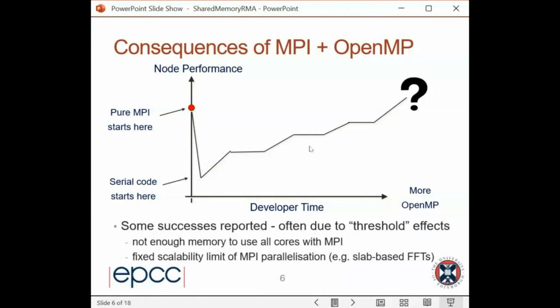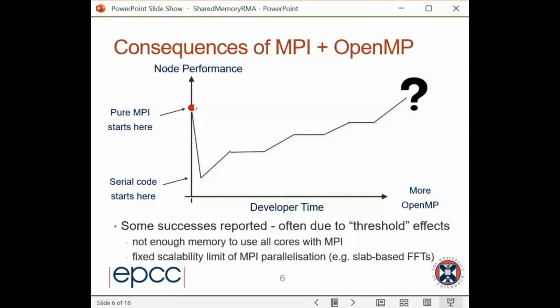I'm not making any critical statement about OpenMP here. However, when you're doing a hybrid MPI and OpenMP code, you already have an MPI code, almost invariably. So you have some pure MPI performance, and the first thing you do is run it. By serial code, I mean the non-OpenMP code.